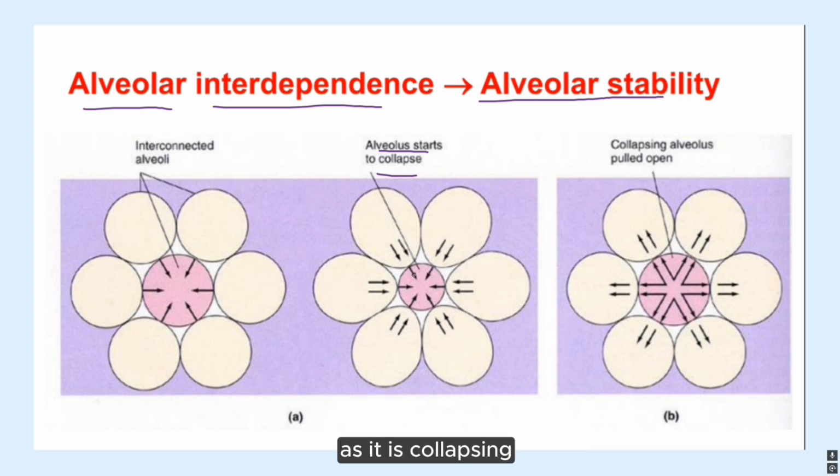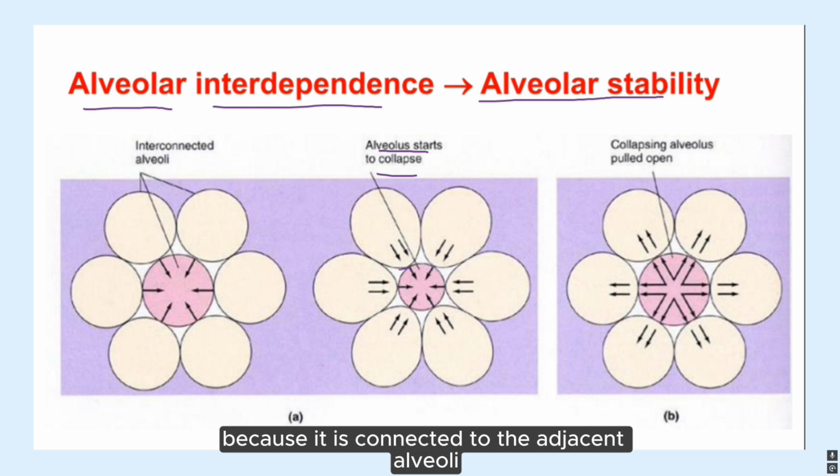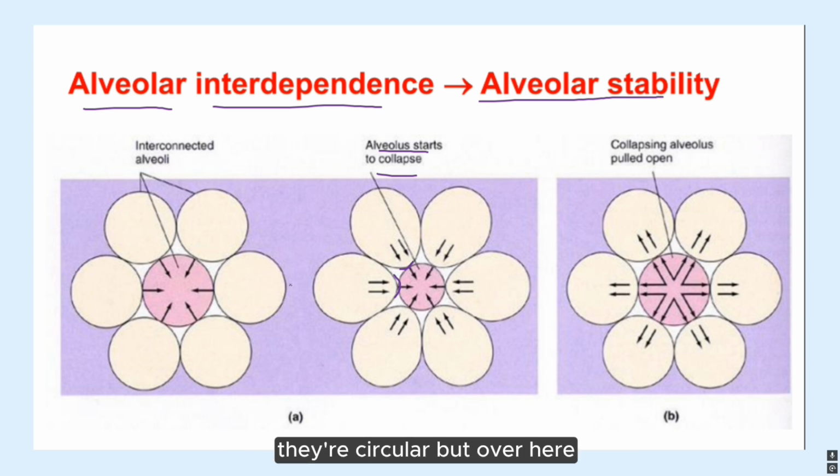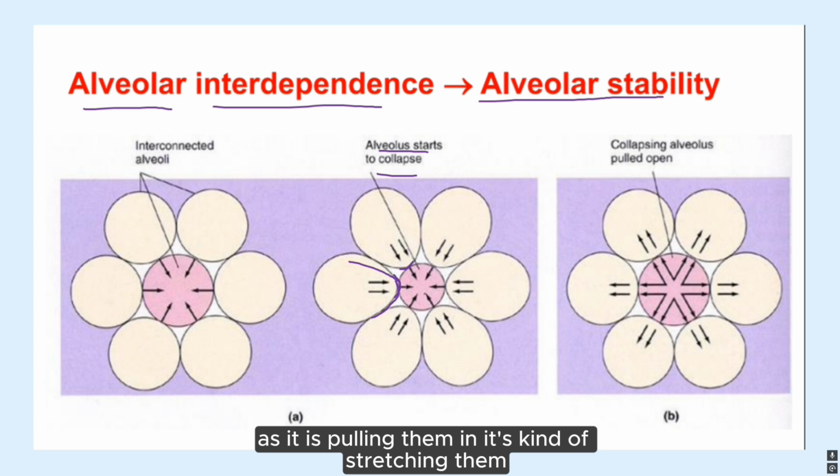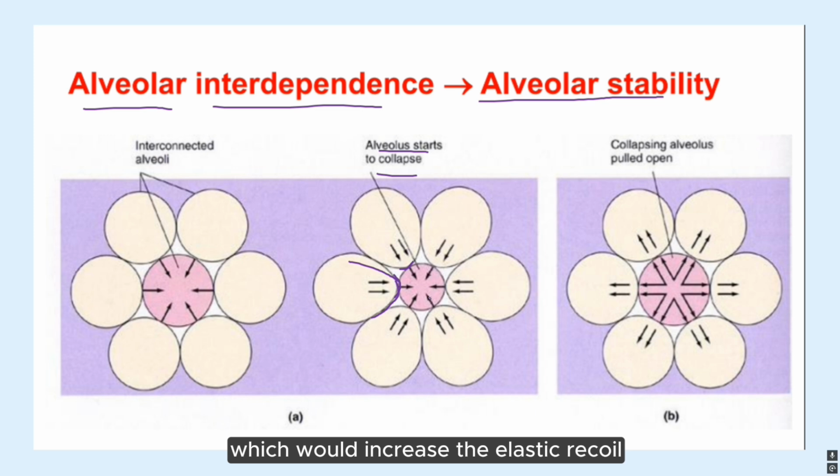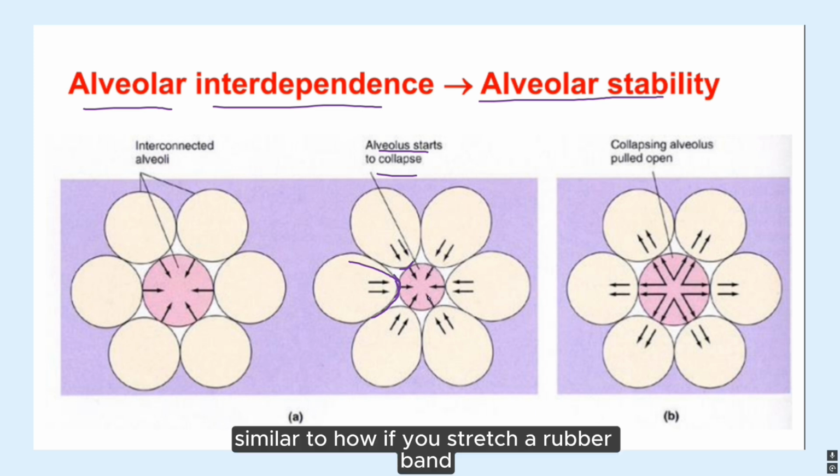As it is collapsing, because it is connected to the adjacent alveoli, it's actually pulling them in. If you notice over here, they're circular, but over here they're more oval because they are being pulled in by the collapsing alveolus. As it is pulling them in, it's stretching them, which would increase the elastic recoil, similar to how if you stretch a rubber band, it would like to go back to its original shape.